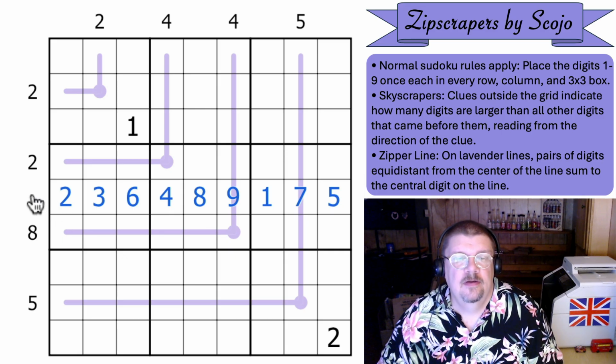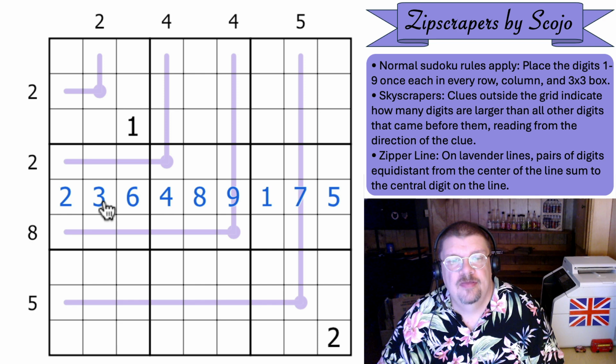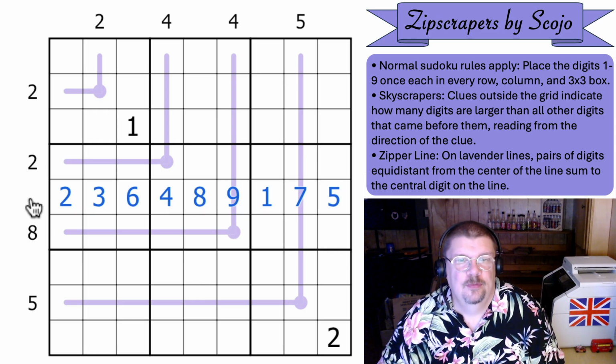So from this clue space, we would see the 2 is larger than all digits that came before it. 3 is larger than all digits that came before it. 6 is larger than all digits that came before it. 4 is not. 8 is larger than all digits that came before it, and 9 is, and then everything after the 9 is not, because 9 is the highest digit. So we would see 2, 3, 4, 8, and 9.